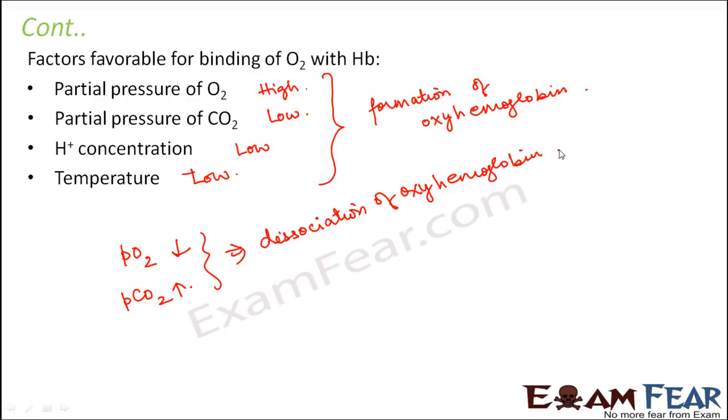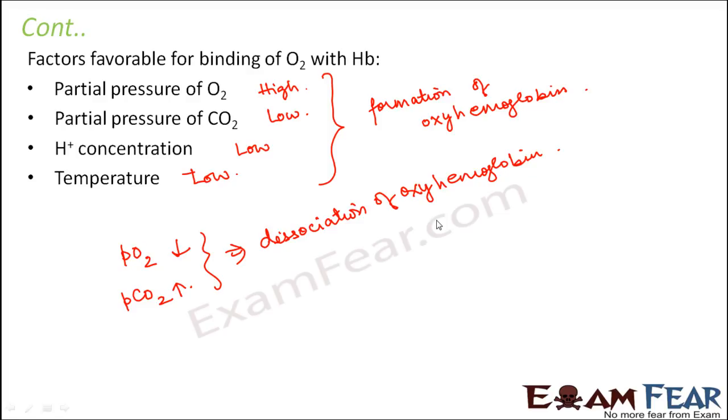Please remember all these basic things, because only once you understand these will you be able to understand the exact transport process. Now we know that oxygen combines with hemoglobin to form oxyhemoglobin, and formation and dissociation of oxyhemoglobin actually helps in the transport of oxygen.